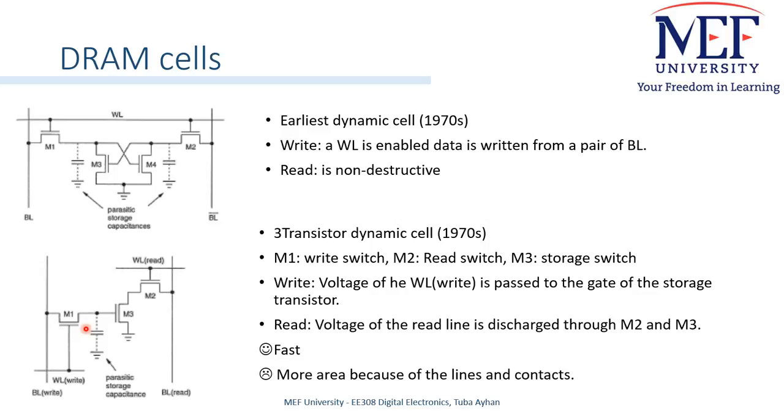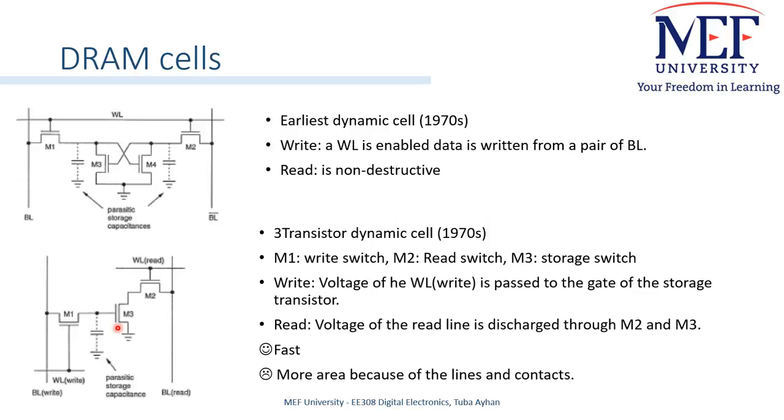During write operation, the write word line is enabled and the voltage of the write bit line is passed on to the gate of the storage device through this M1 transistor. During read operation, the voltage of the read bit line is discharged to the ground through M2 and M3 transistors when the gate voltage of the storage device is high.